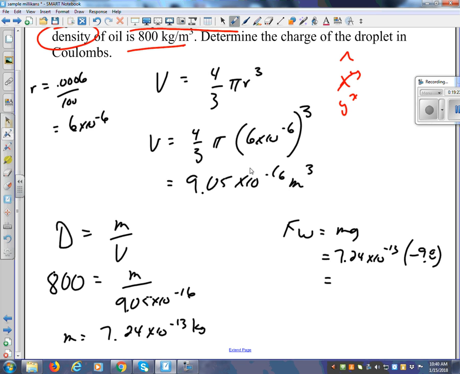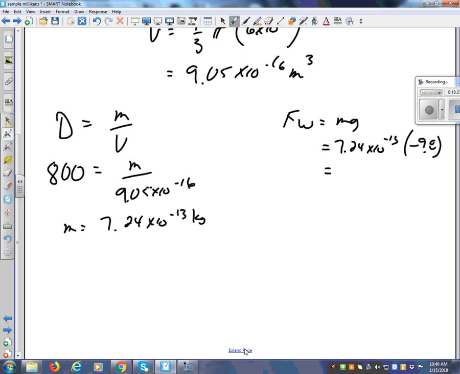You should still have 7.24 times 10 to the minus 13 in your calculator. Still there, hasn't been cleared. Times by 9.8. 7.09 times 10 to the minus 12. And that's going to be a negative, right? Down.